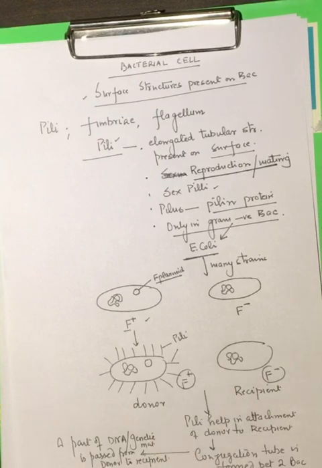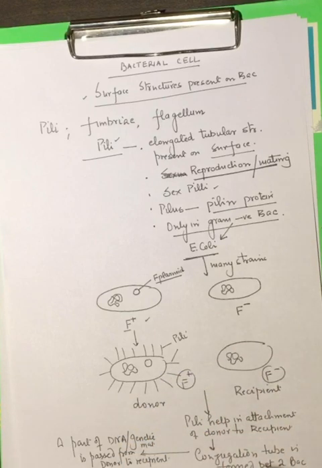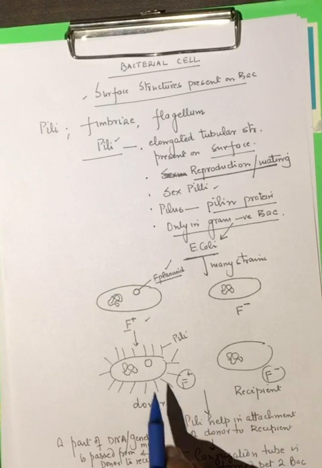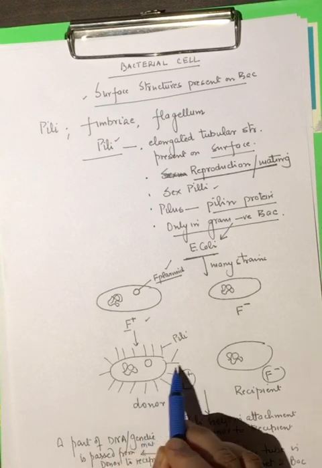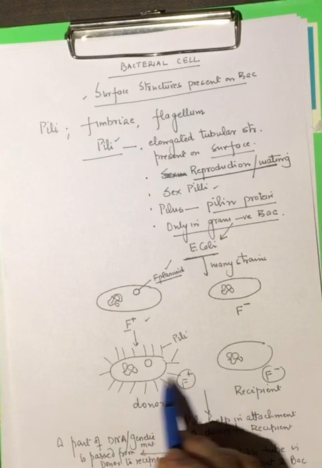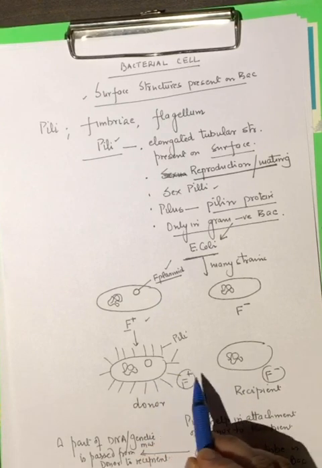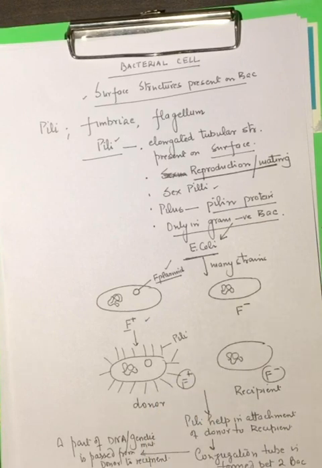Those which have F plasmid give out pili on their surface, because the F plasmid contains genes for the sex pili, and these pili help in the mating of donor and recipient. With the help of the pili, the donor will attach itself to the recipient bacteria. It is a sort of mating between the two, and then a conjugation tube is formed and a part of genetic material is transferred.